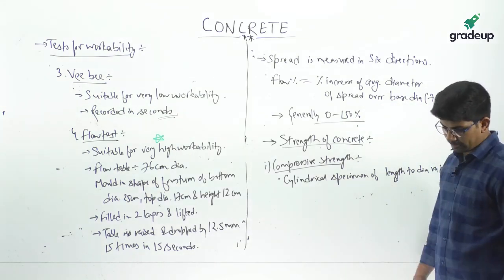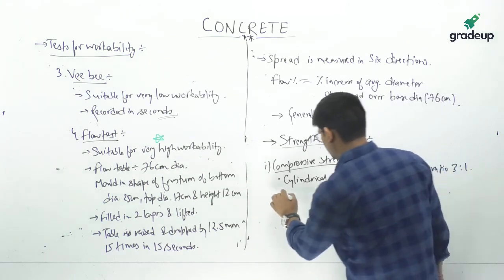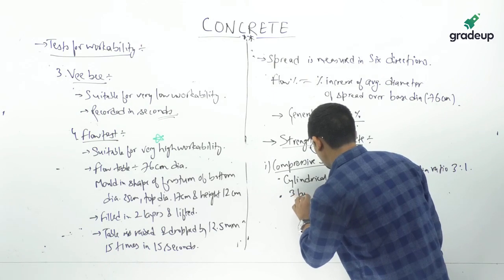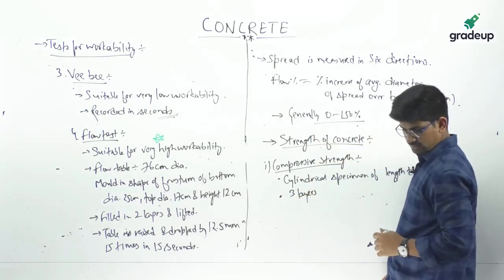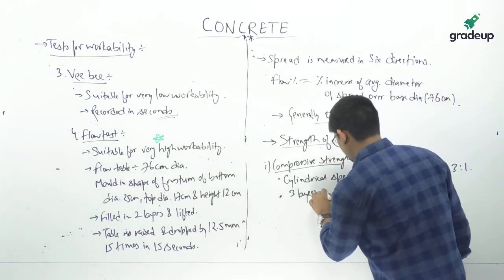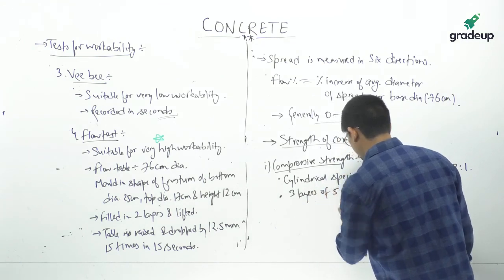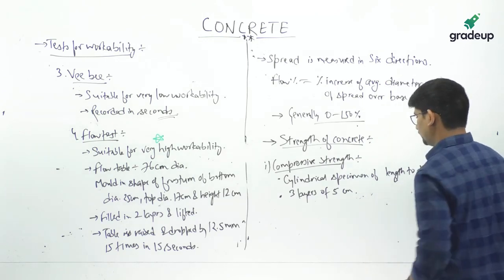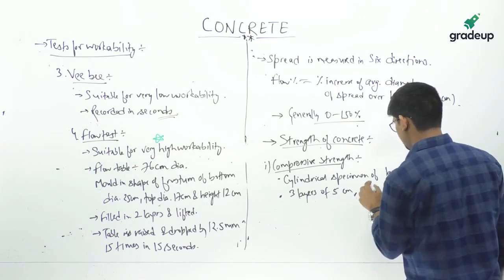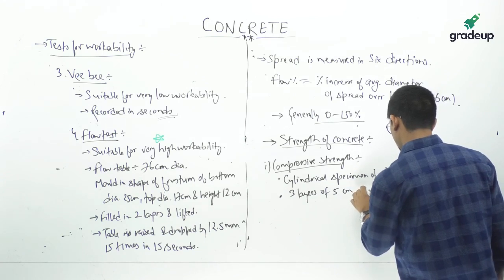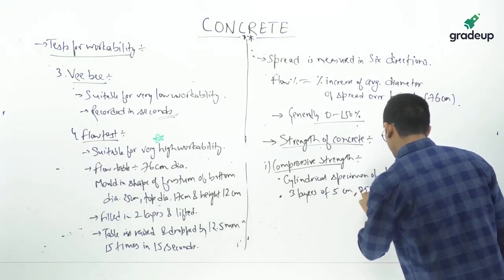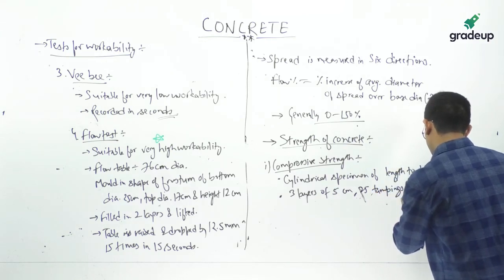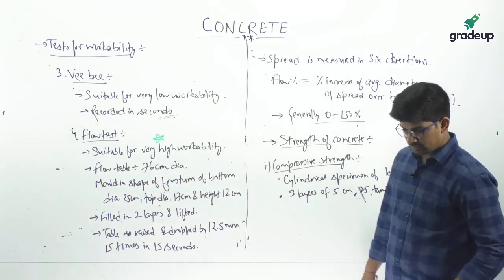3:1. Also, in this cylindrical specimen, the concrete is filled in 3 layers of 5 centimeter, and 25 tampings are given to each.